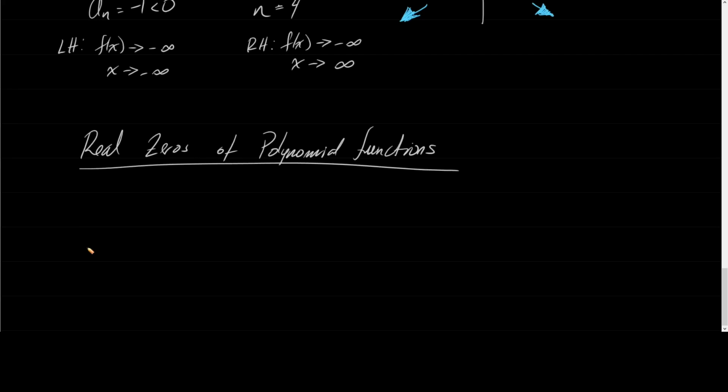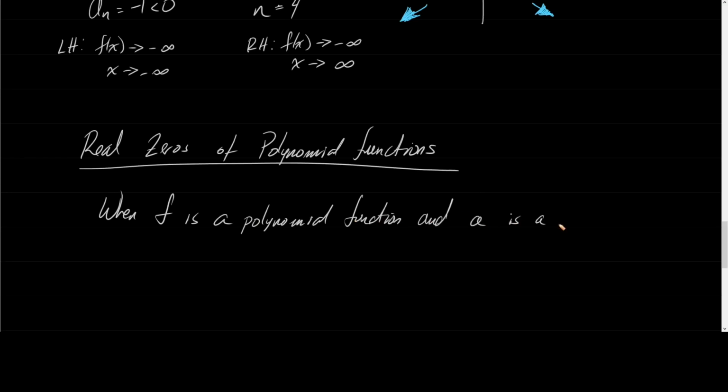So when f is a polynomial function, and a is a real number, the following are equivalent.